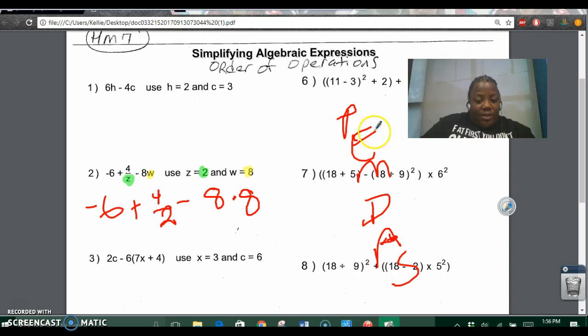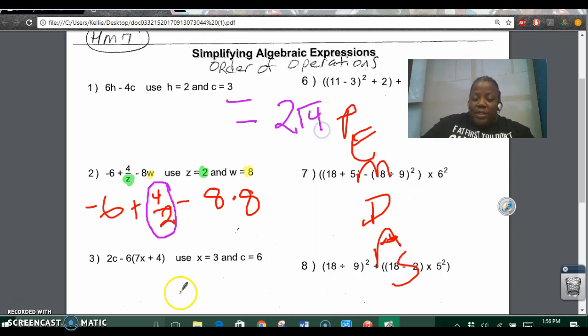Do I have any exponents? No. Do I have multiplication or division? Yes. So do your multiplication or division, whatever you see, that comes first. Remember, this is a division. How many times will 2 go into 4? 2.